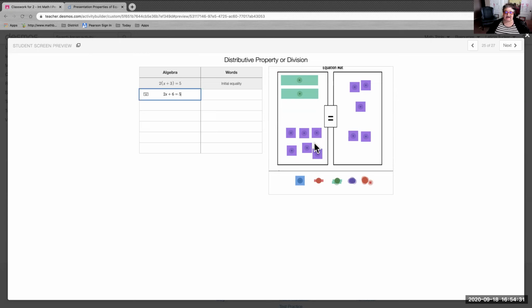I can take out 5, or I could probably add some negatives in here and add them over here. And then I'll have a fraction at the end. But the fraction at the end is going to be easier than adding and subtracting the fractions. Okay? So that's just another option. You can distribute.